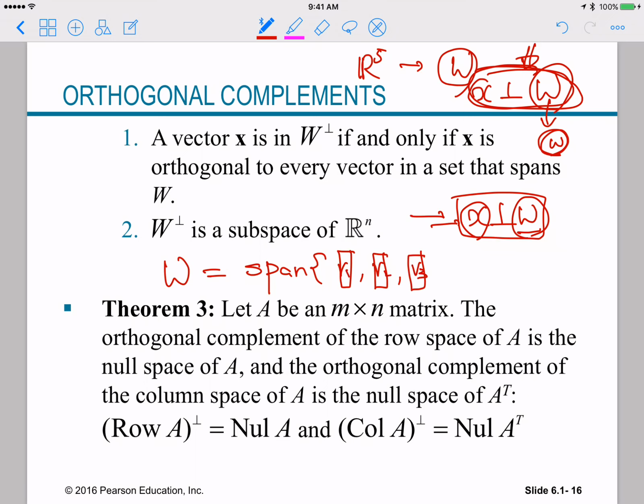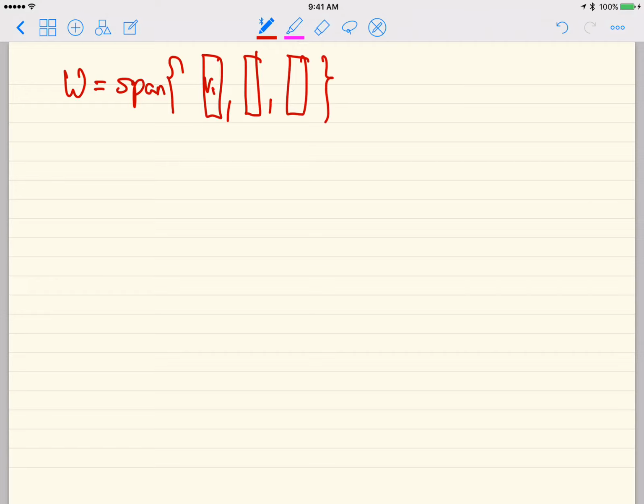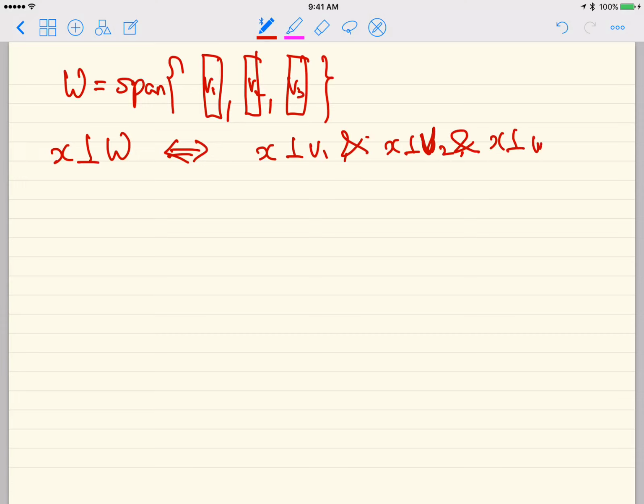Suppose your subspace W is a span of maybe three vectors, v1, v2, v3. Then if x is orthogonal to the subspace W, it means x is orthogonal to v1, and x is orthogonal to v2, and x is orthogonal to v3.